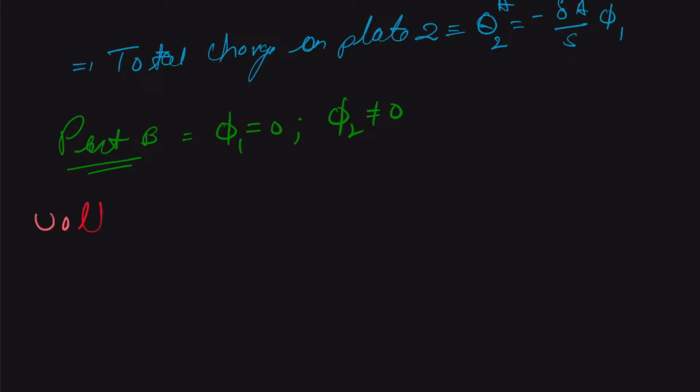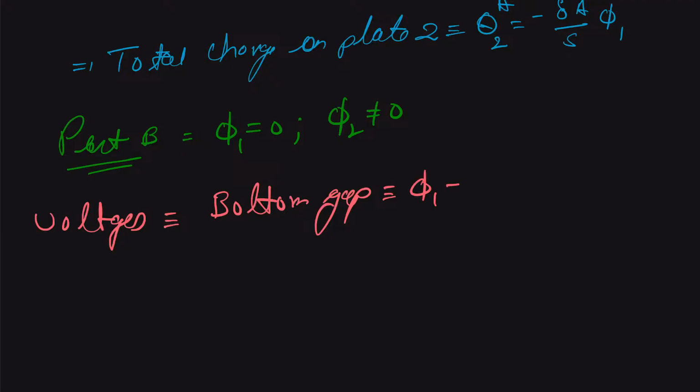We start from the bottom gap, and for the bottom gap the voltage is phi 1 minus 0. The bottom is at 0 potential, and phi 1 in this case is also 0, so this comes as 0.